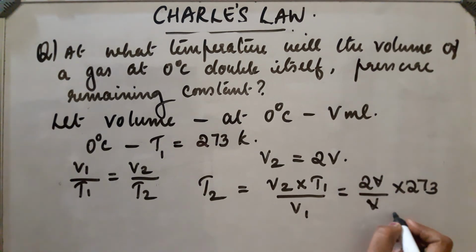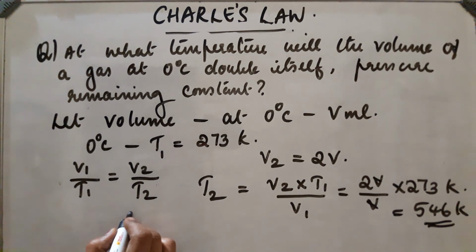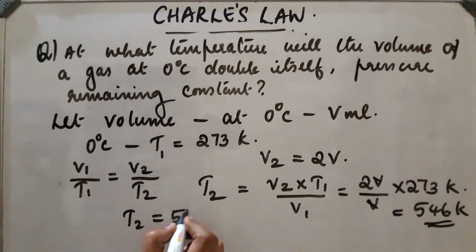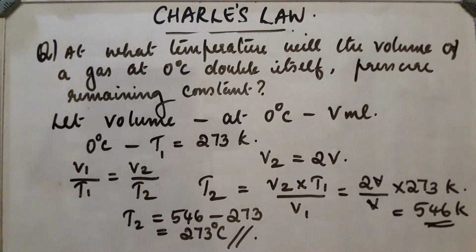So this will be equal to 546 Kelvin. We can convert it into degrees Celsius: 546 minus 273, that is equal to 273 degrees Celsius. So at 273 degrees Celsius, the volume is double.